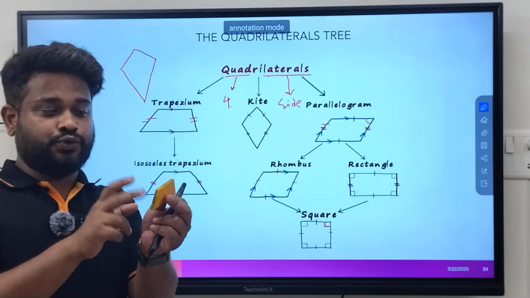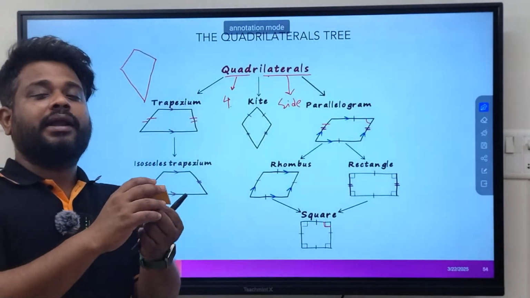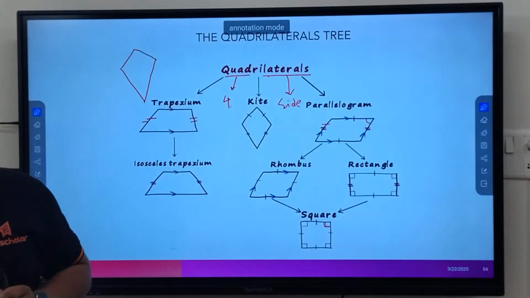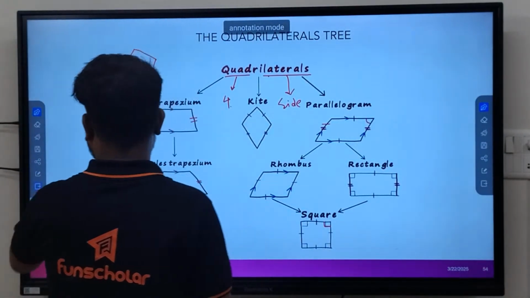Now equal means these 2 will be equal, and the parallel pair won't be equal, right? So let's go to the next one.